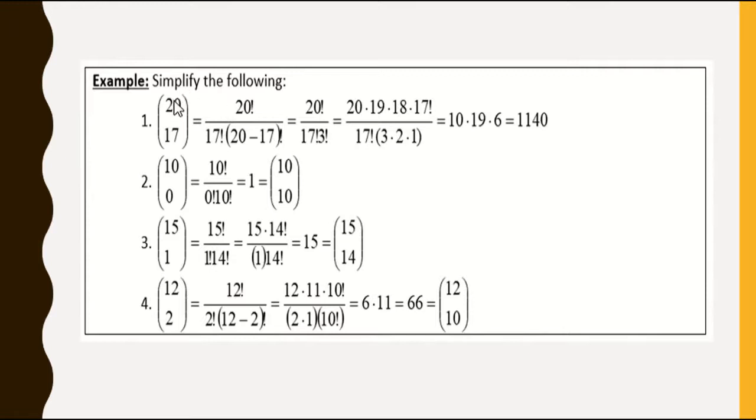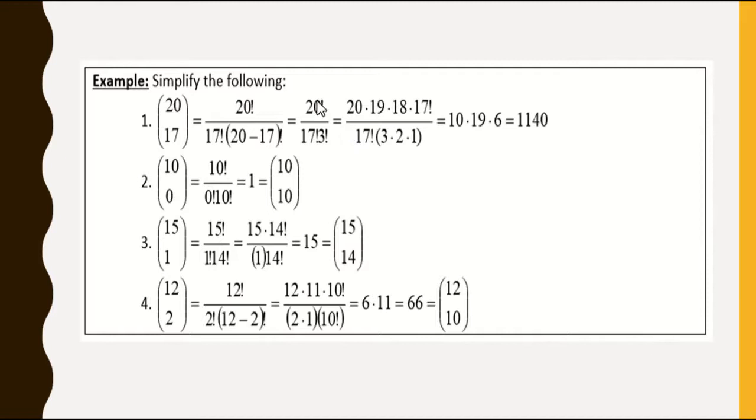Diba? Kung n taken r at a time ta, n factorial over r factorial times n minus r factorial. Okay, so simplifying 20 factorial all over 17 factorial, then 20 minus 17 is 3 factorial.